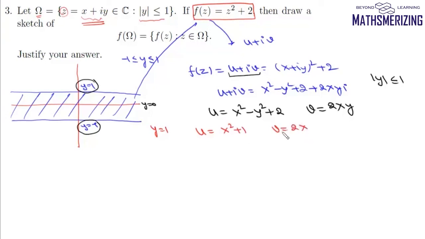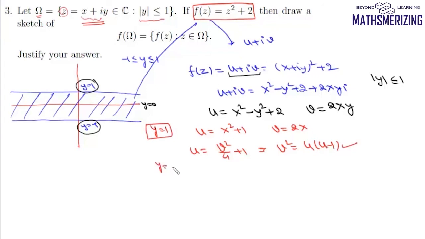So we can write x as v by 2. So we'll write this as v square by 4 plus 1. So we'll get this parabola, which is v square equals 4u minus 1. So taking this boundary condition when the value of y is 1, we end up getting this parabola.